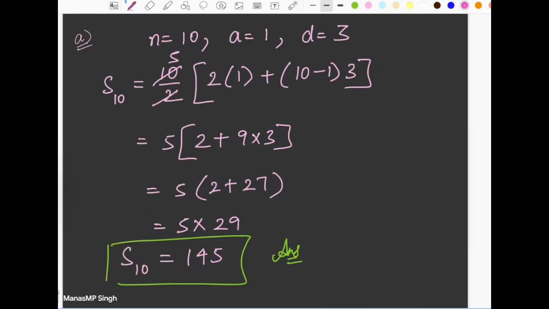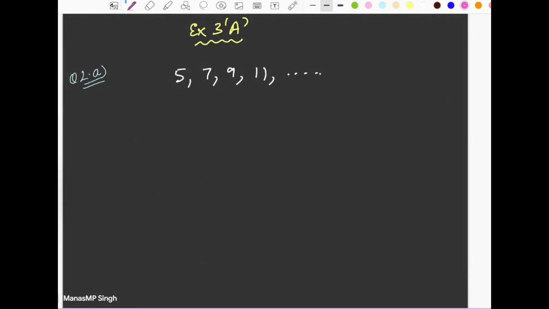Okay, so how will you find un? All you need to think is, what is my un? Un is nothing but un, because they are asking you to find the nth term. So nth term of course will contain n, correct? Yeah, but then sir, aren't you gonna have two unknowns because you don't know un and you don't know the nth term either? No, they are asking this, so this is not an unknown.